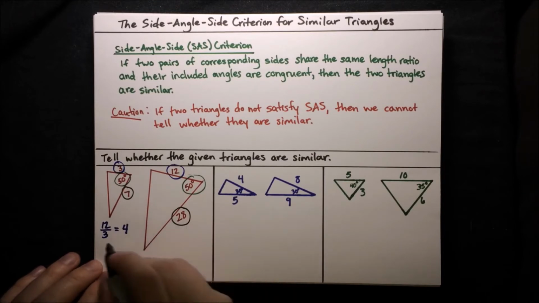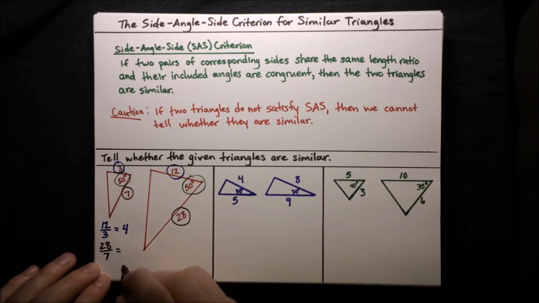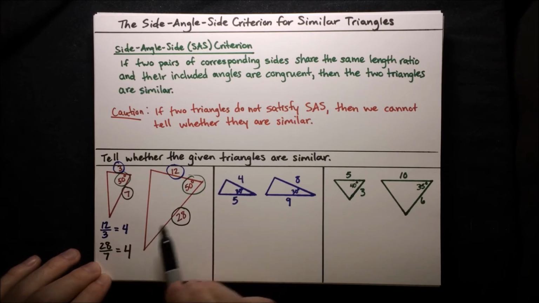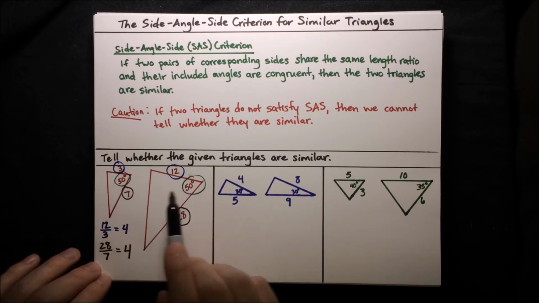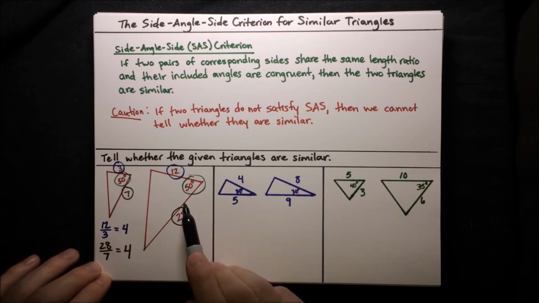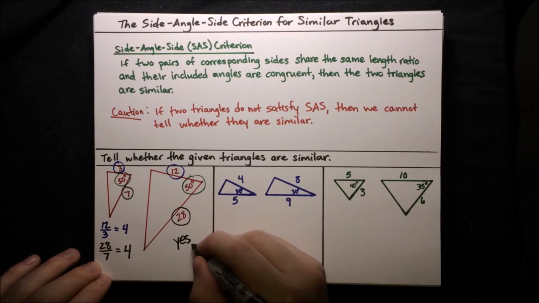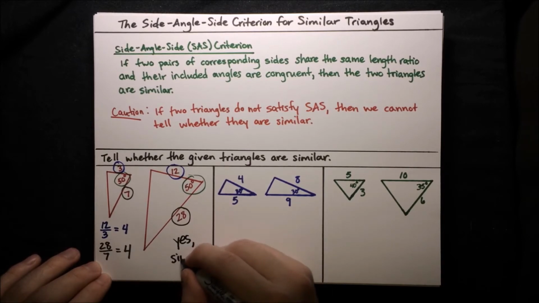These are another pair of corresponding sides, and 28 to 7, that ratio is equivalent also to 4. So because these two pairs of corresponding sides share the same length ratio, which is 4, and their included angles are congruent at 50 degrees, we can conclude by the side-angle-side criterion that, yes, these two triangles are similar.